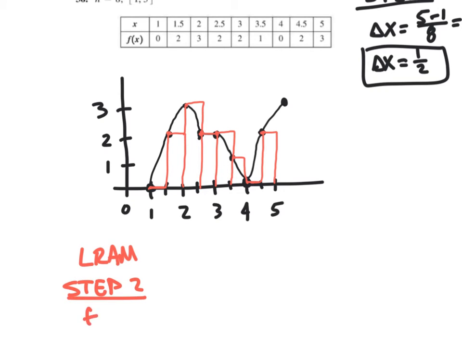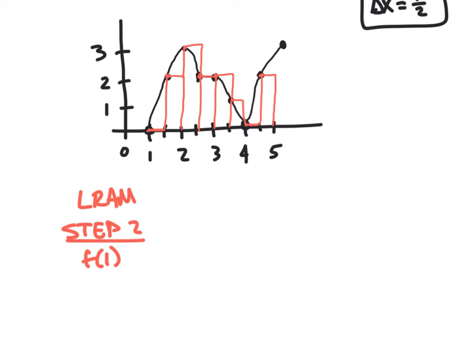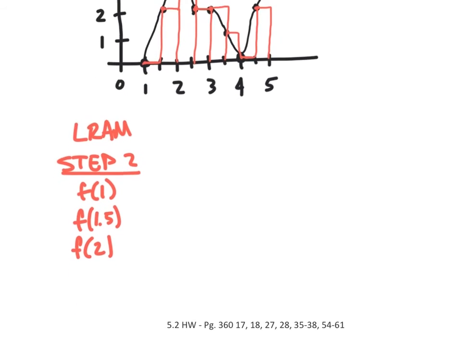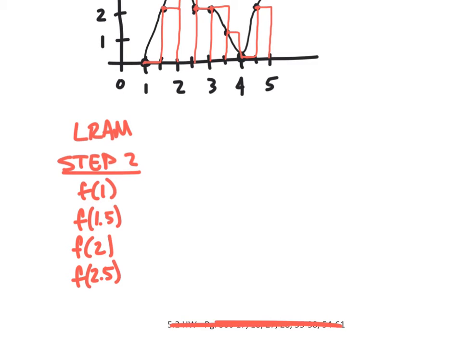So I want f of 1, f of 1.5, f of 2, f of 2.5. Disregard this information down here, I'm just going to cover that up with a little square like that.